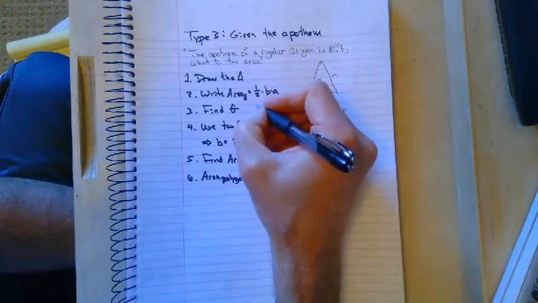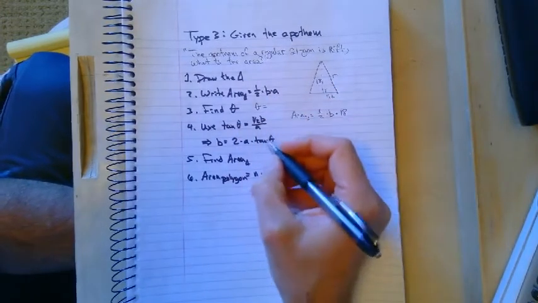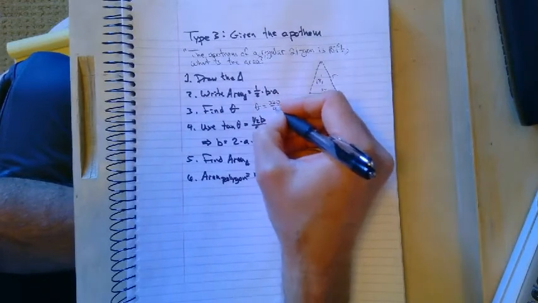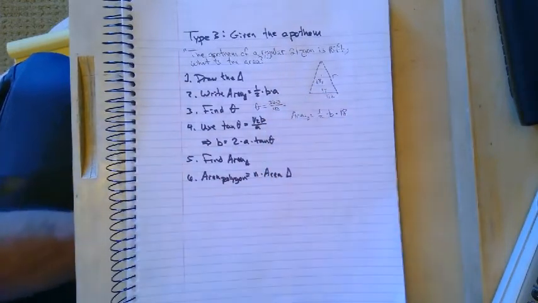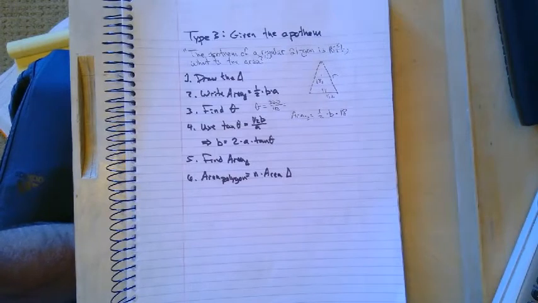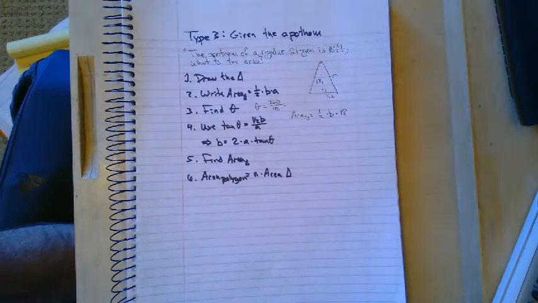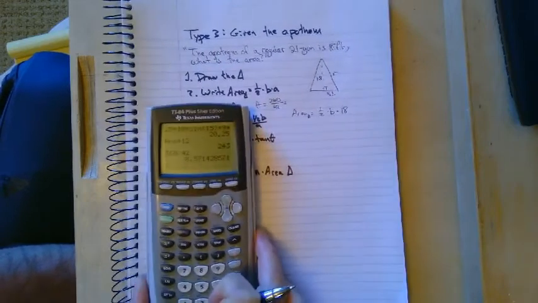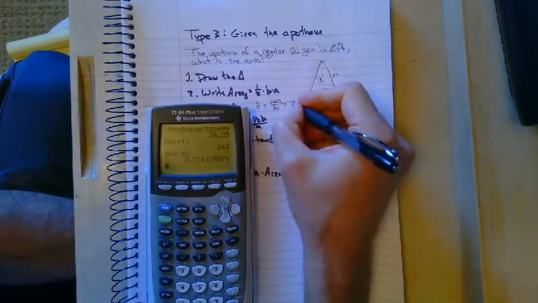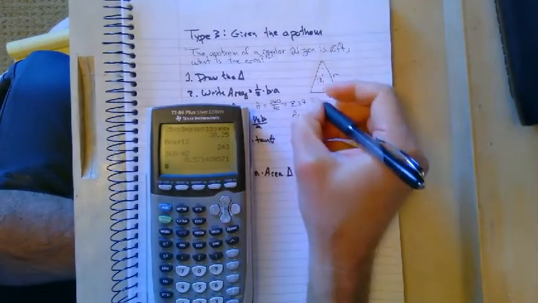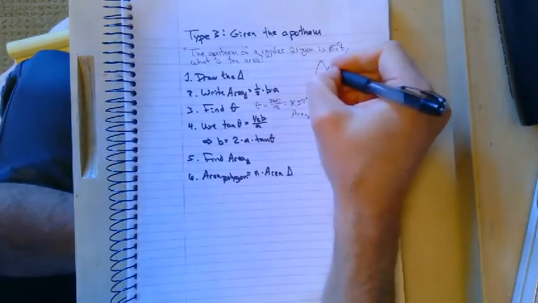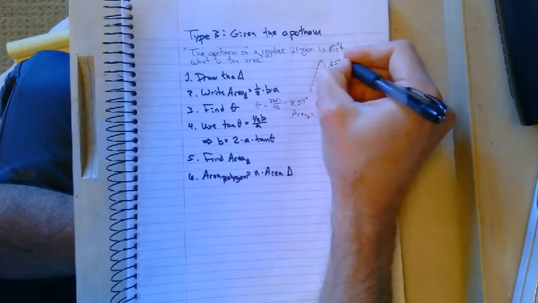I'm going to find my theta, which is 360 divided by 2 times 21, so 360 divided by 42, probably going to be kind of a funny looking number here. Okay, and when I do that, I get about 8.57 degrees. So that's my angle up here, 8.57 degrees.